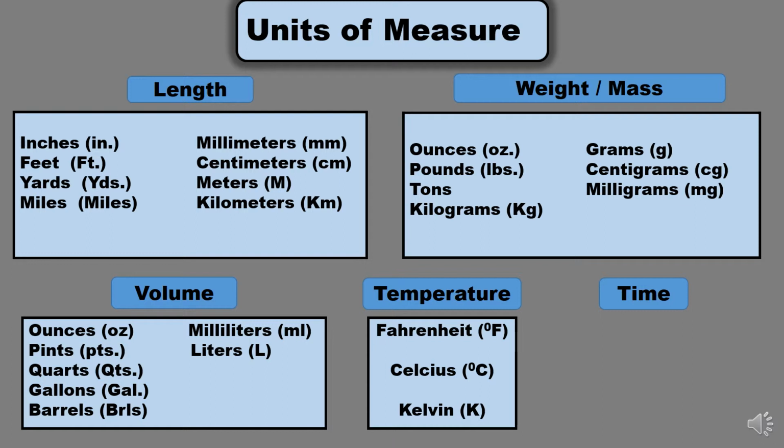Room temperature in Celsius is around 25 degrees Celsius. When you start working with Celsius temperatures, some people are unfamiliar with them, and you hear 25 degrees, you think it's cold. Well, it's not. 0 degrees Celsius would be what we know as 32 degrees Fahrenheit.